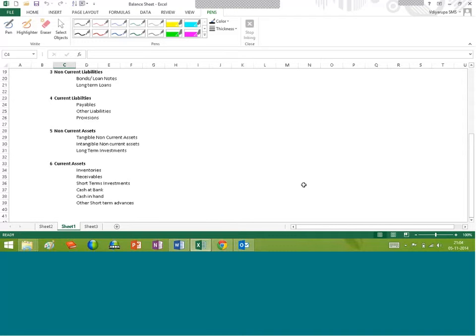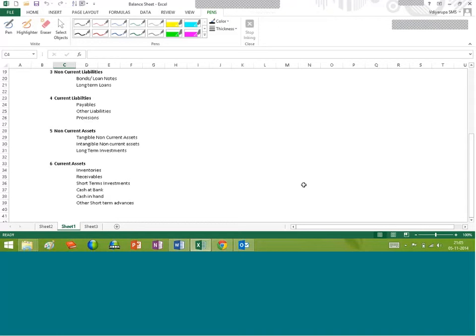Under non-current assets, we are going to discuss tangible non-current assets first. The terminology tangible talks about physical existence, physical quantifiability, and physical measurability. I will repeat: tangible non-current assets are those which have physical existence, which can be quantified physically, and which can be measured physically.